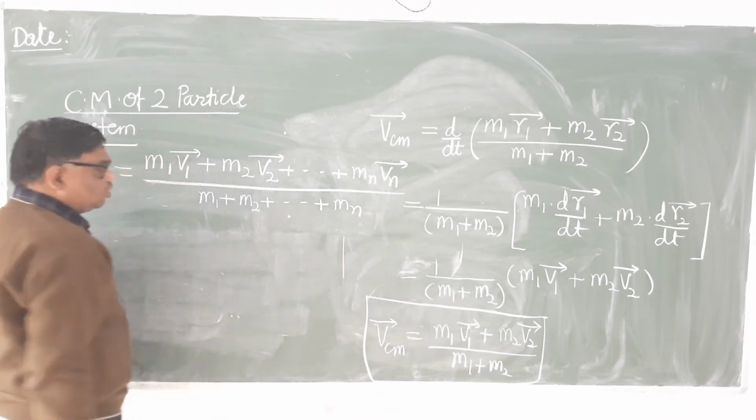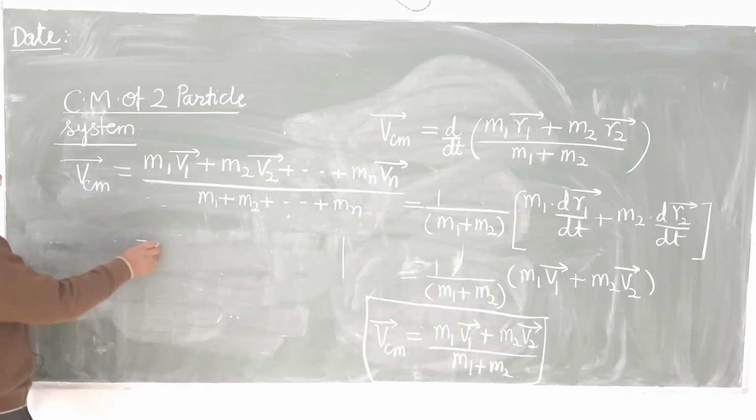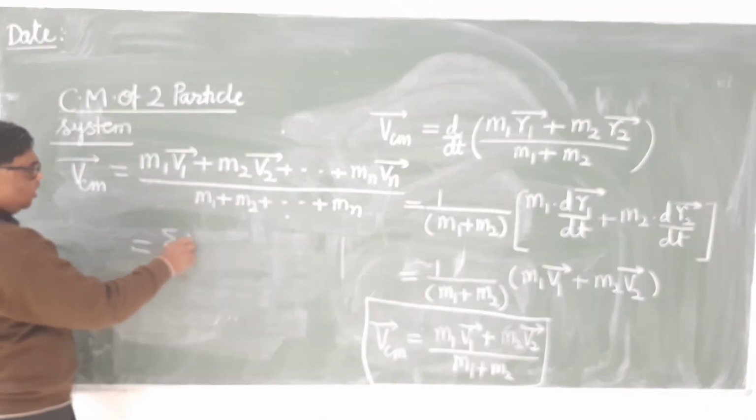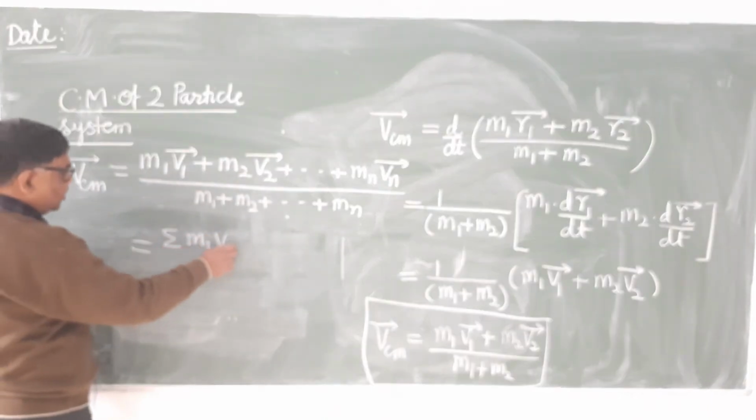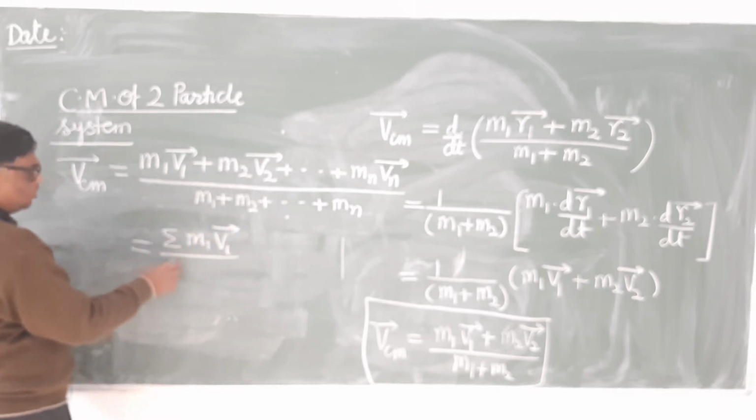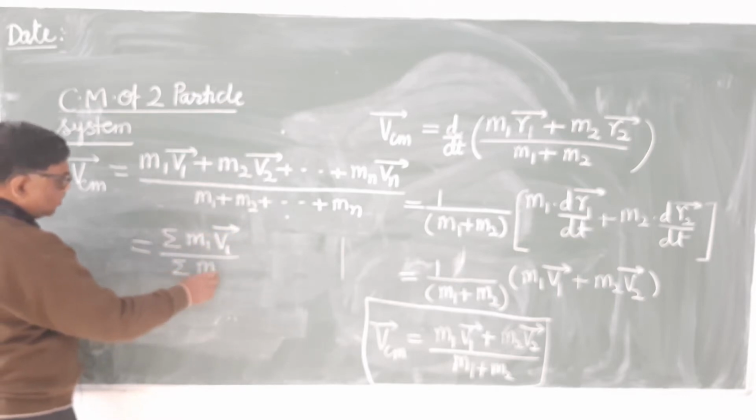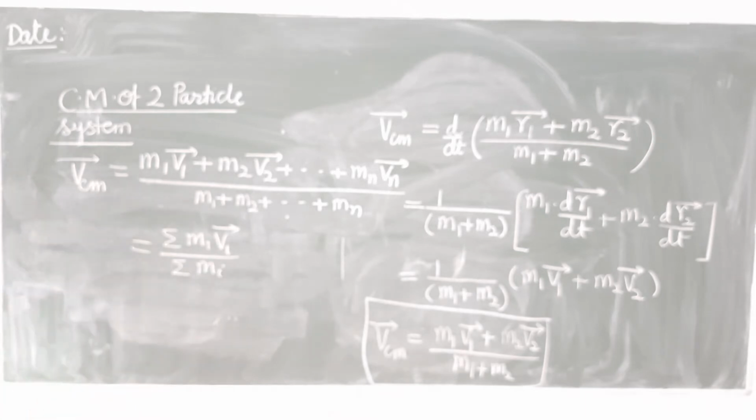It's clear. So that you can write as sigma mi vi upon sigma mi. This. It's clear.